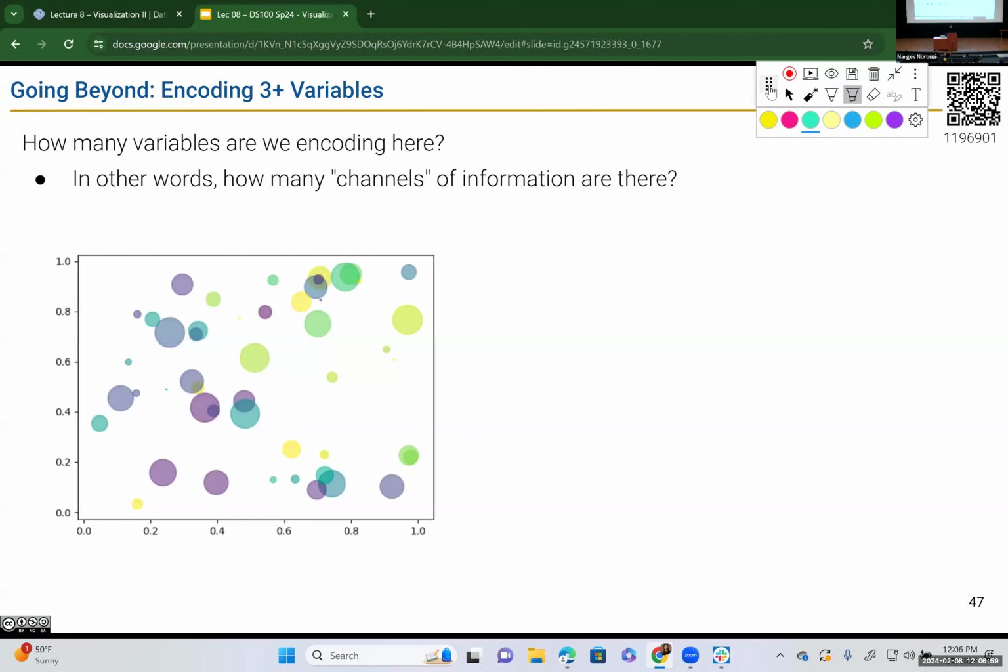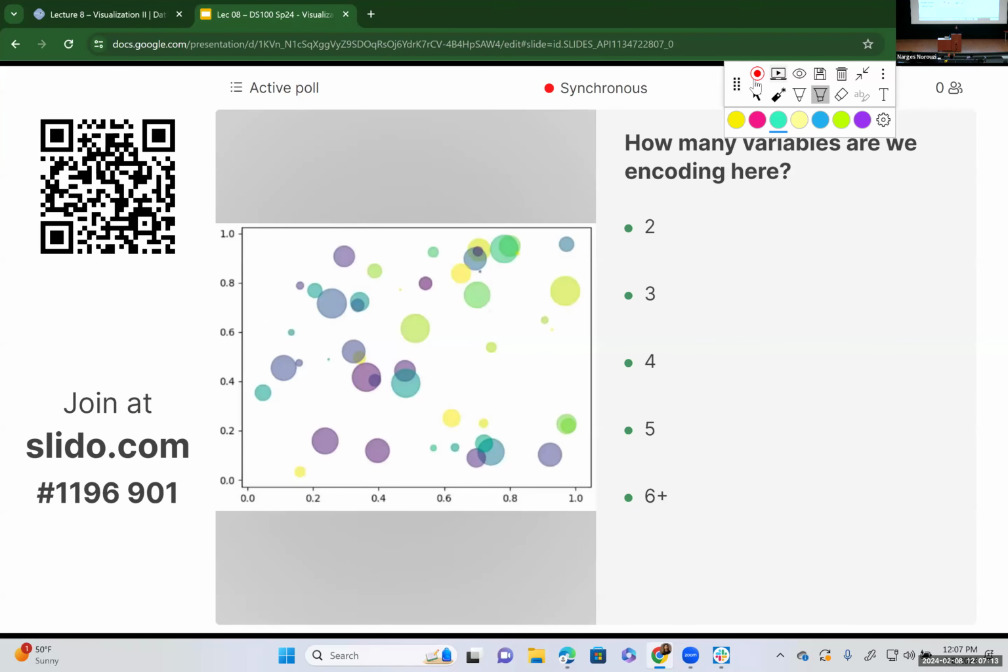So this is a question for you. We saw 1 dimension and 2 dimensions, but going beyond 2 dimensions, looking at this plot, how many channels of information do you think are being used here? This is a slide up for those who missed the first one.